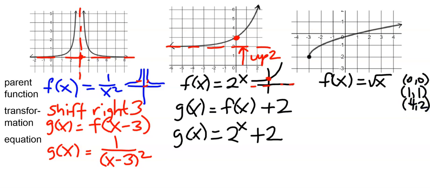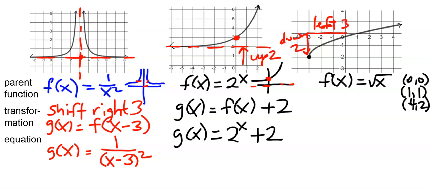So where did those points go? So let's think about where the point at 0, 0 went. It shifted to the left 3 and down 2. So we have left 3 and down 2.